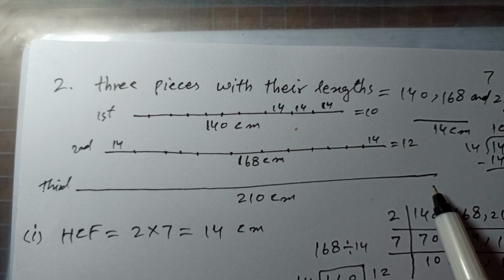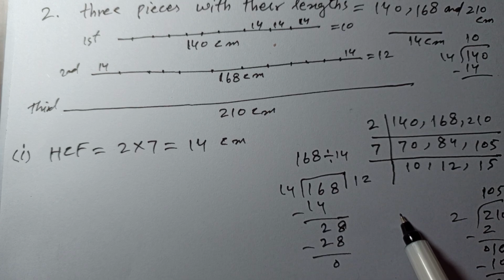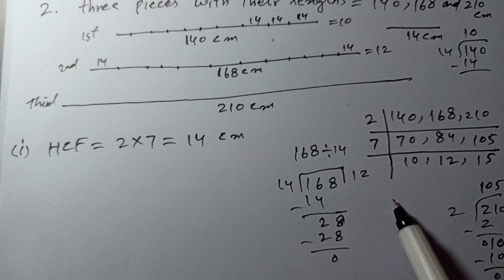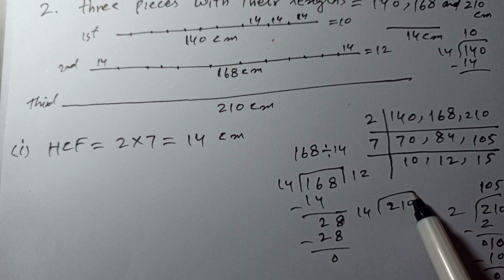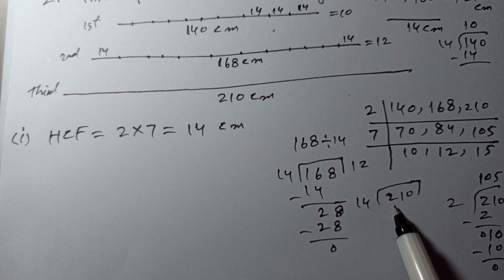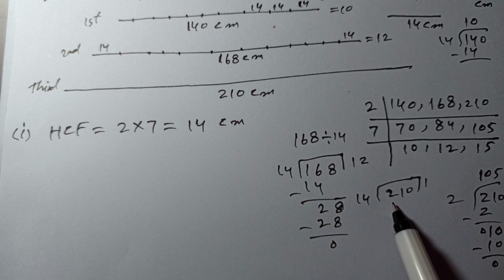And from here, how many pieces will we get? Let's divide it also by which number? Again by 14. That is 210. Divide 210 by 14 again. Then 14, that is 21. 14 ones are 14 here.